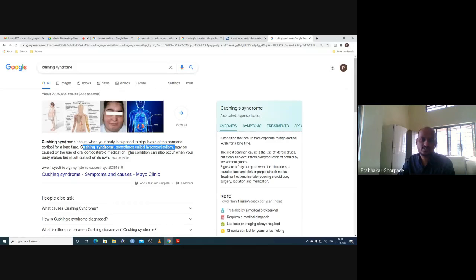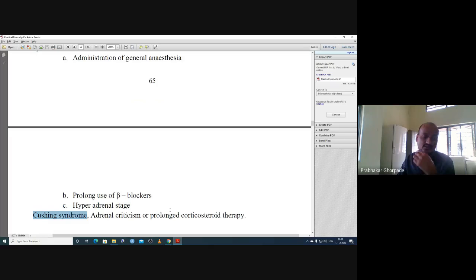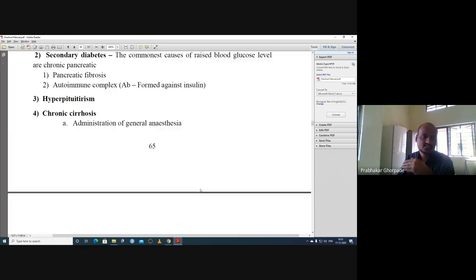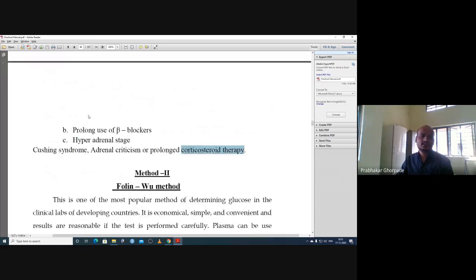If you are using a lot of corticosteroid medications, you can have Cushing syndrome, hyperadrenocorticism. Or if you use corticosteroid therapy for a long time, you can also have higher glucose in the blood. That is hyperglycemia.